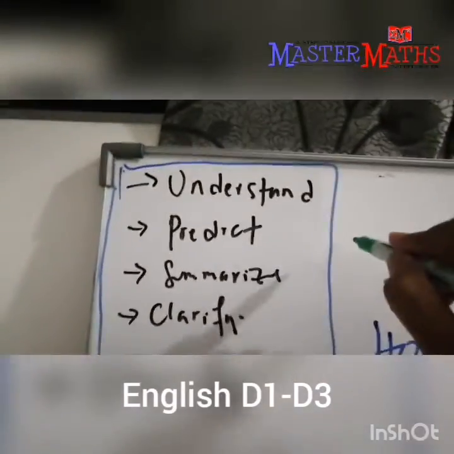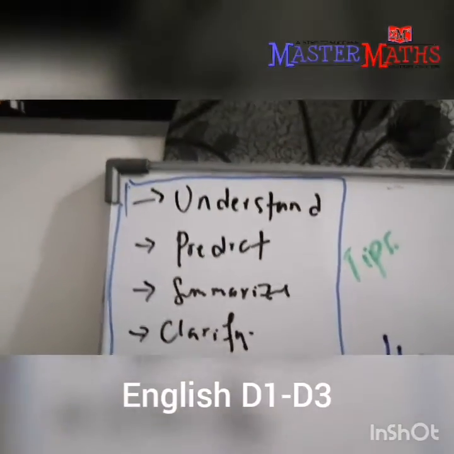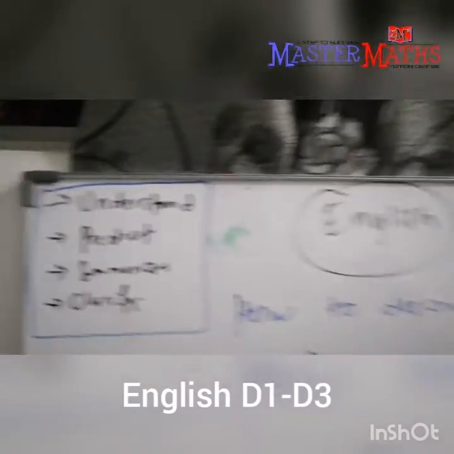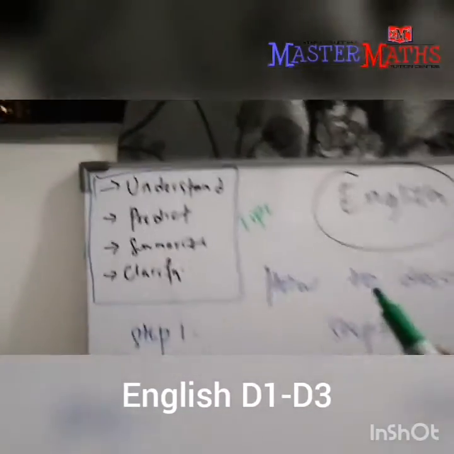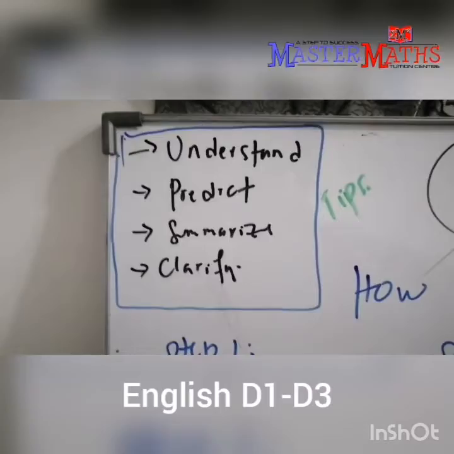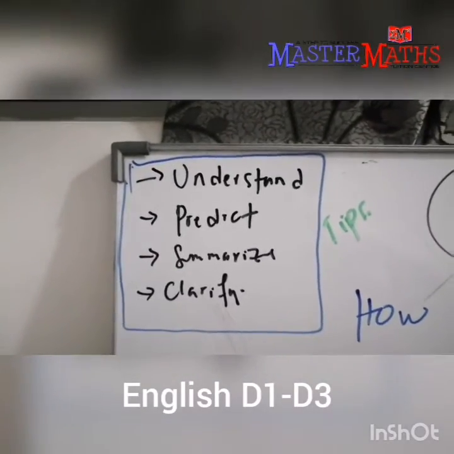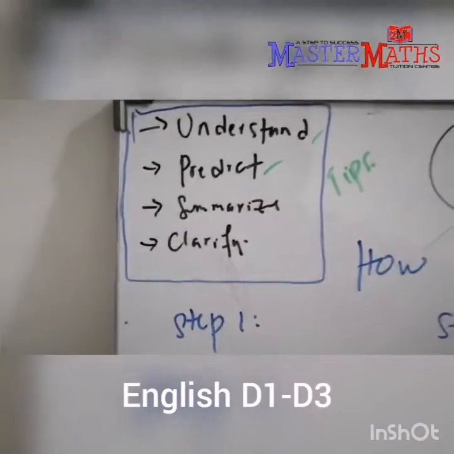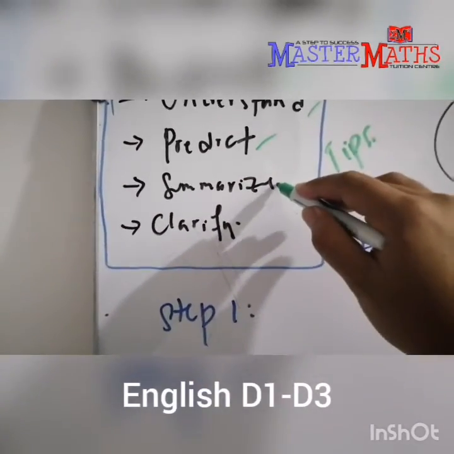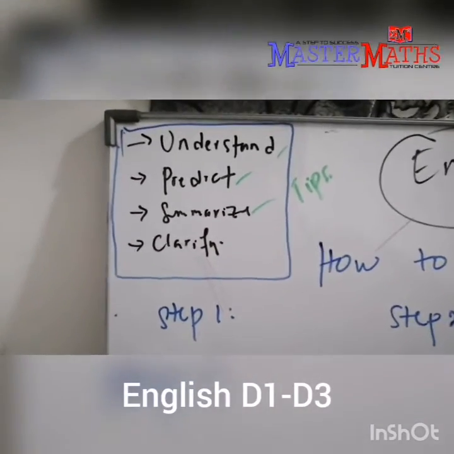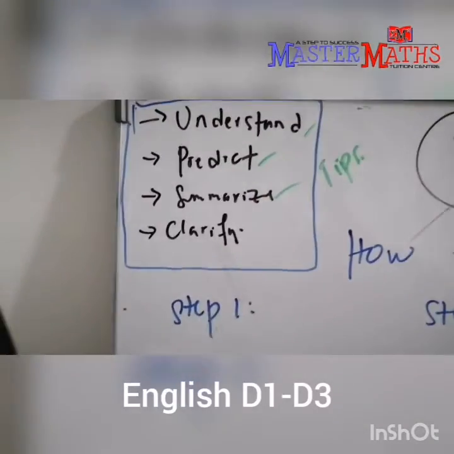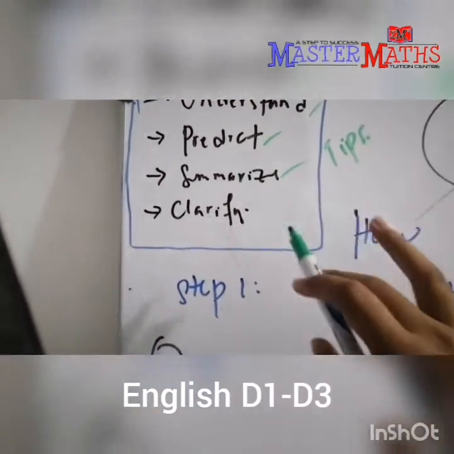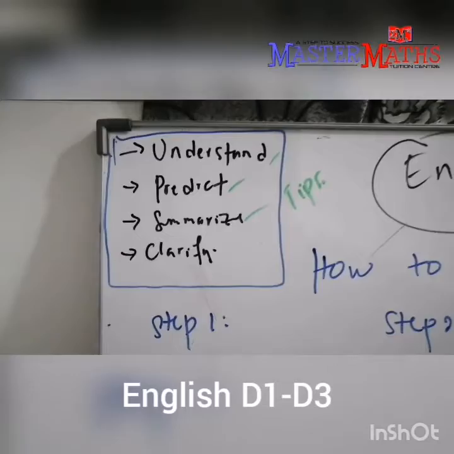So here are a bit of tips for you. In order to describe all this, you need to understand first what the question or the pictures that have been given. Next you need to predict, then you need to do the summarization. Maksudnya awak predict ni awak ramal, then bila dah ramal, awak summarizekan daripada gambar tu.